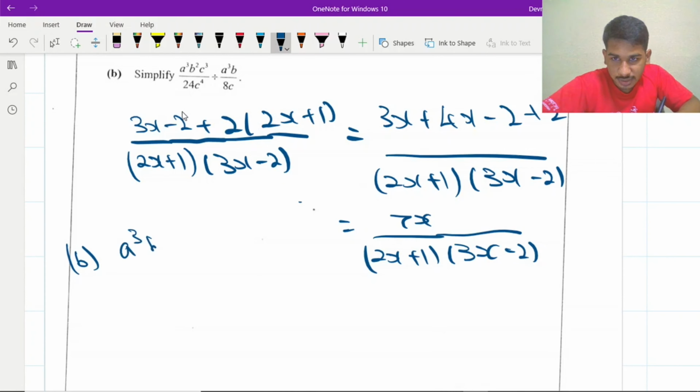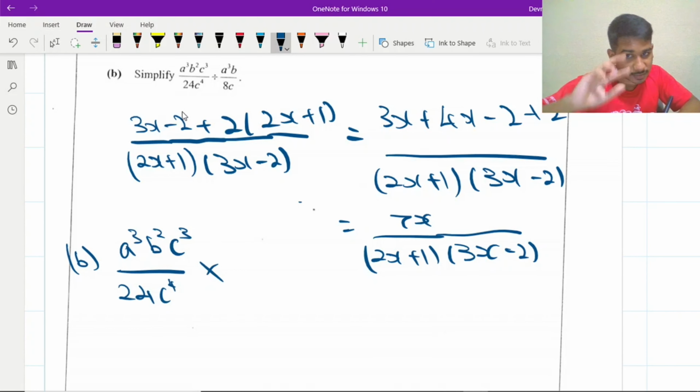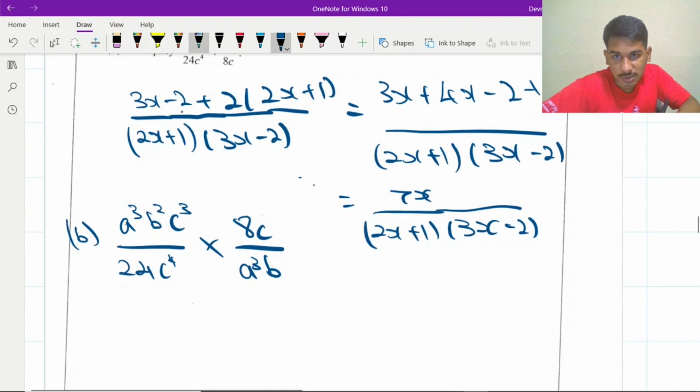a cube b square c cube over 24 c to the power 4. We change the divide to multiply so we can swap them. 8c over a cube of b. Okay, there's a cube here, and we have a b here, so this b is gone.